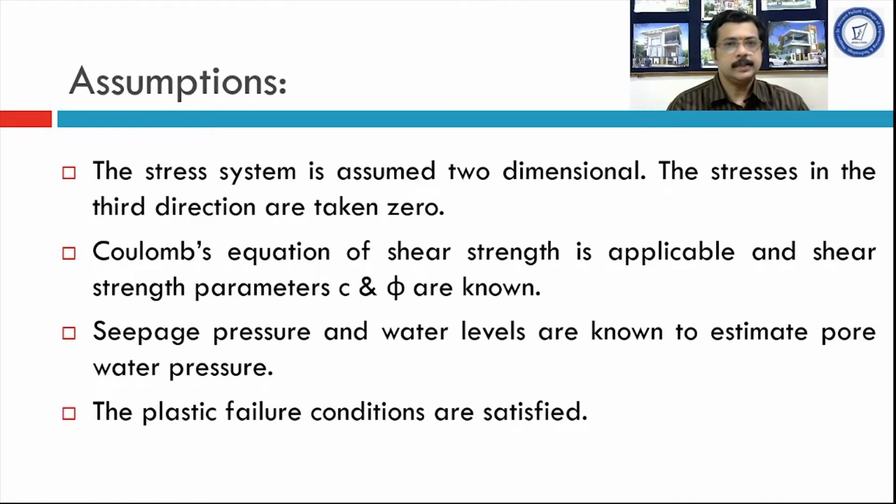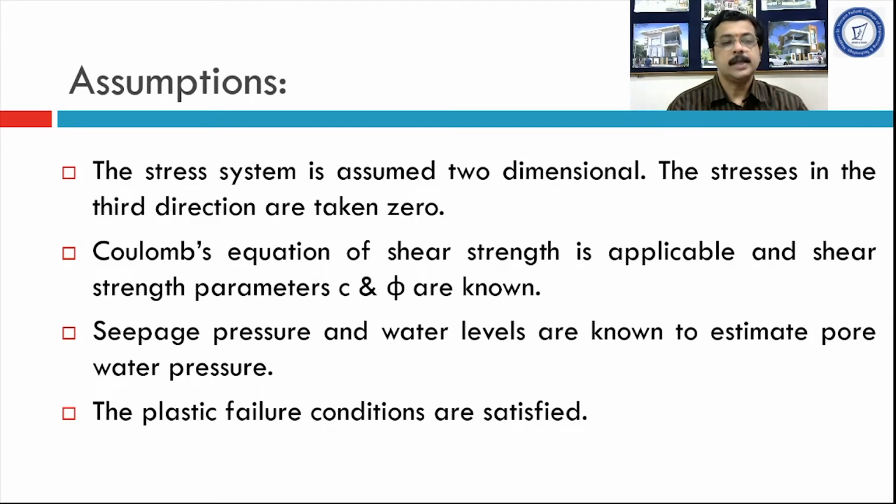Now these two parameters are found out in the laboratory. The soil samples are taken from the site and these factors are determined. So this means that these two values are known before going for the analysis.